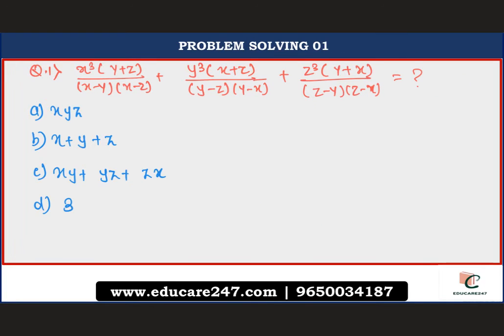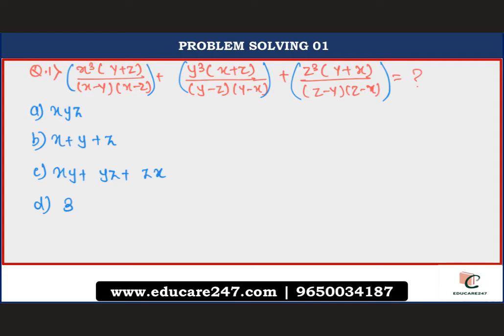So let us have a look at this first question that I've taken based on the concept. First of all, I want to clear that this technique is applicable to homogeneous expressions. What is homogeneous? That means in this part degree is same, even in this part degree will be same, and even in this part degree will be same. We can already see that degree should be same in all three counterparts, right?